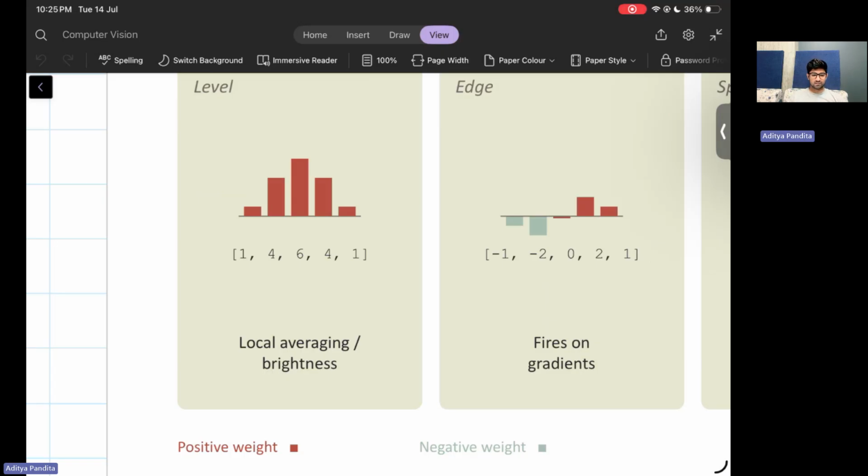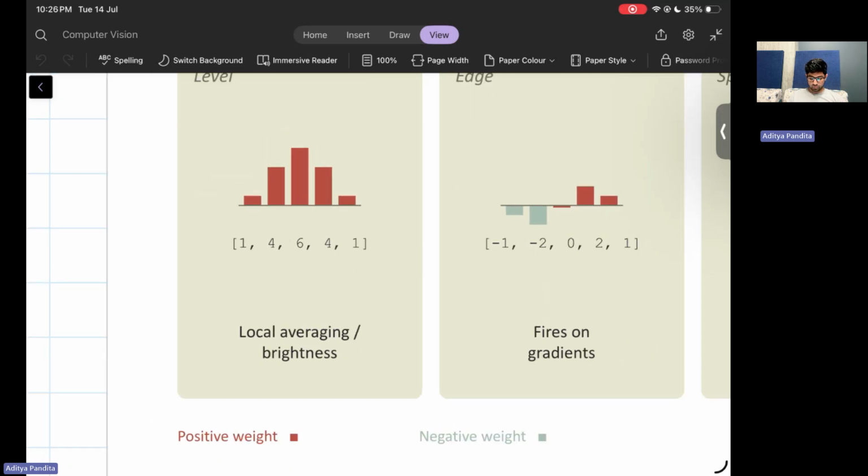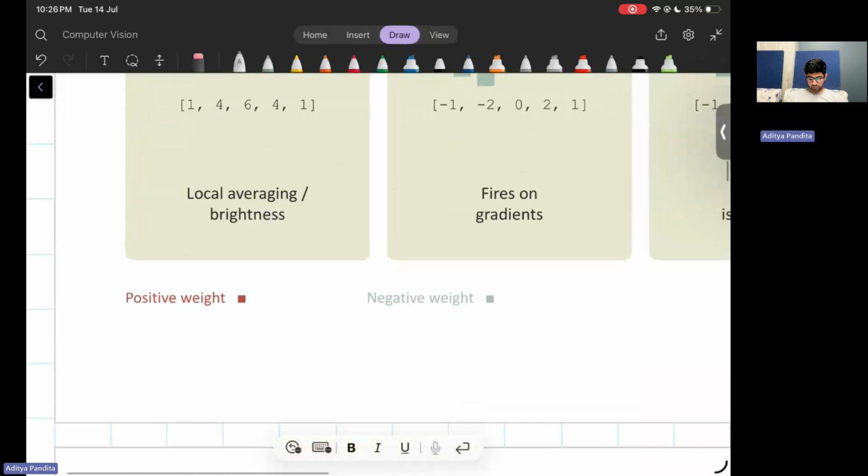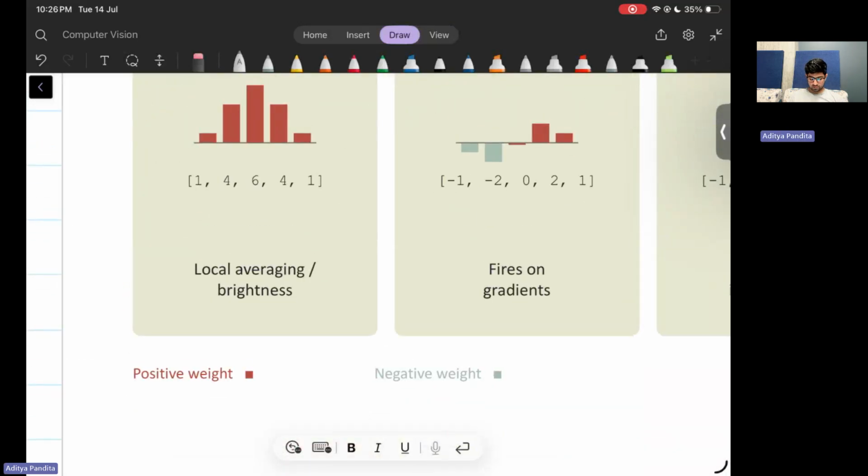This represents how binomial coefficients appear in a series, and it is similar to a discrete Gaussian. The sum of all of these values is a non-zero value, that is 16.